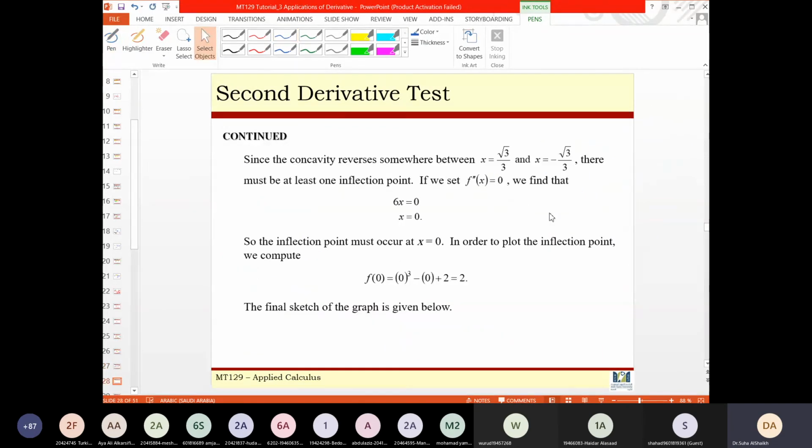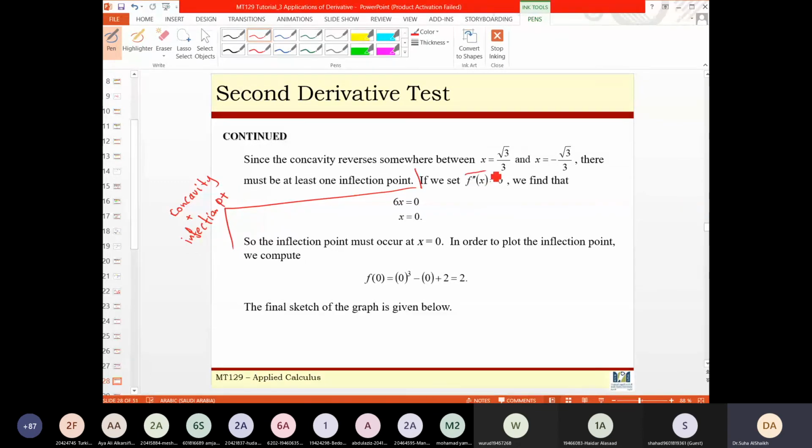The second part, I want to study the f double dash. So in here, we are gonna work with concavity and inflection point.